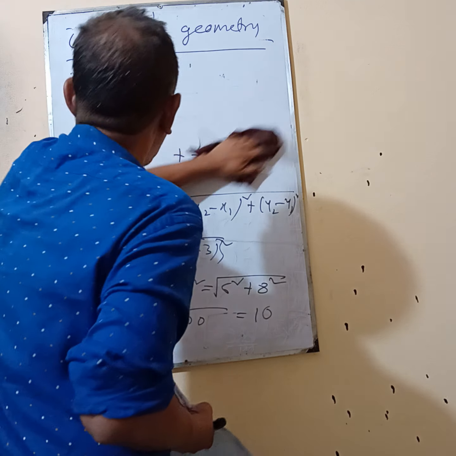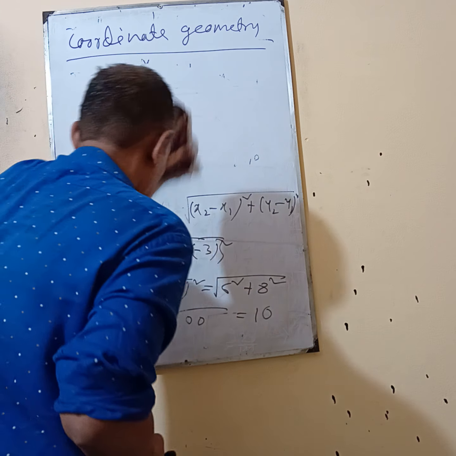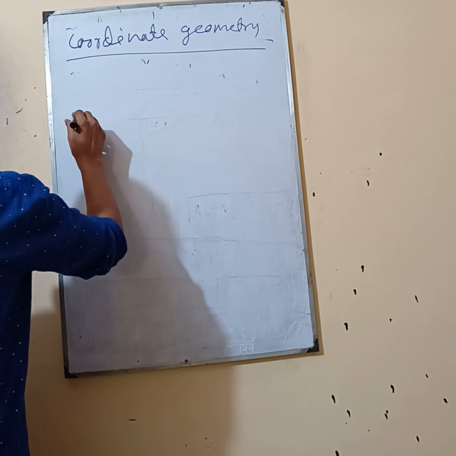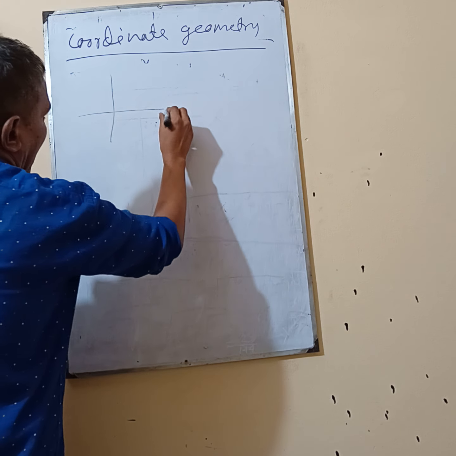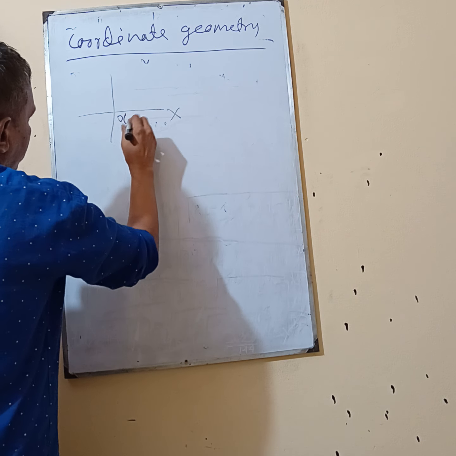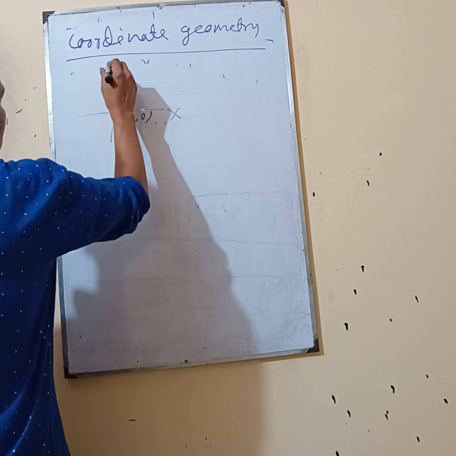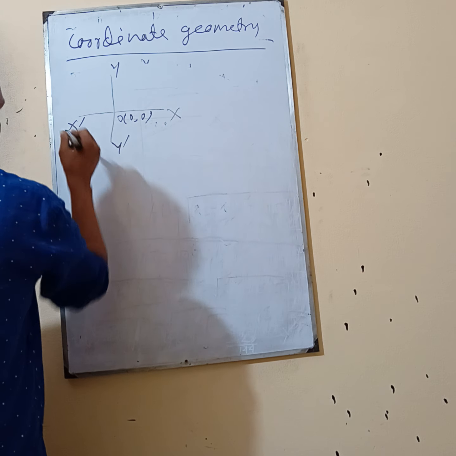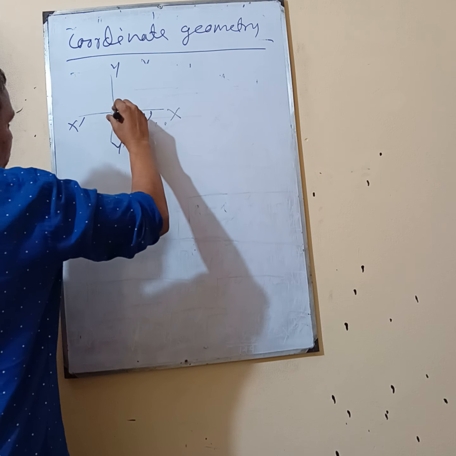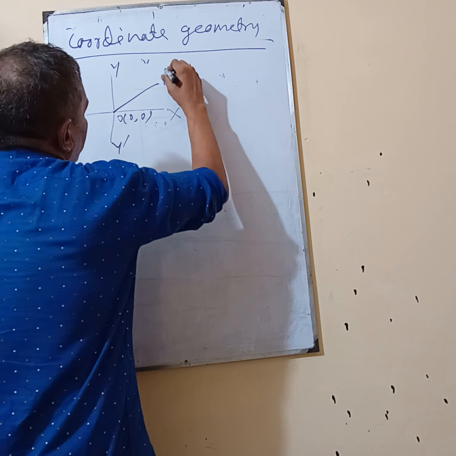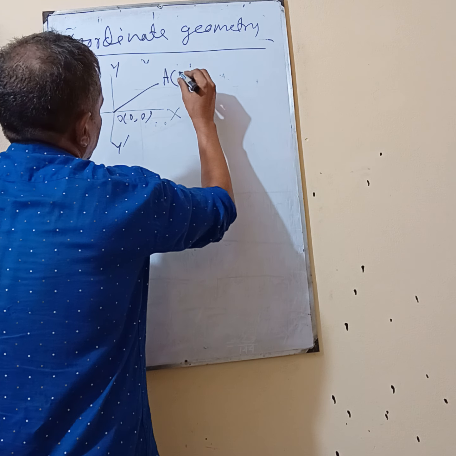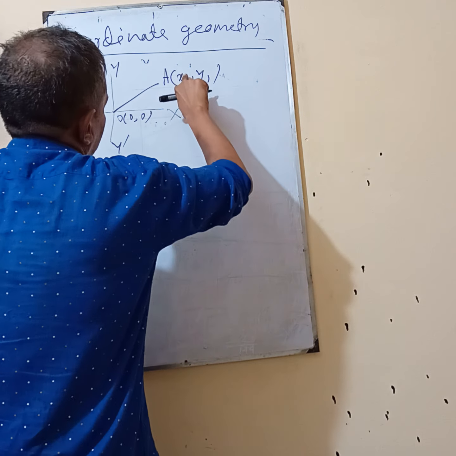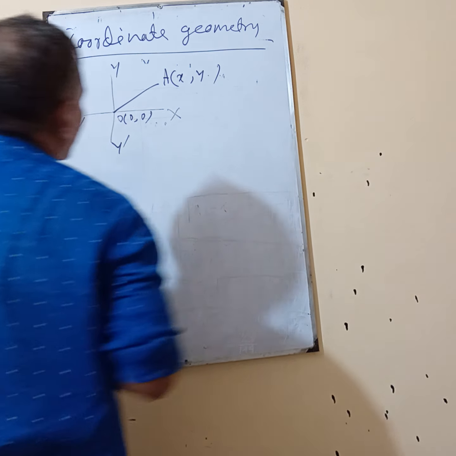So I have to calculate. X hash, Y hash, origin 0. Suppose x, y.